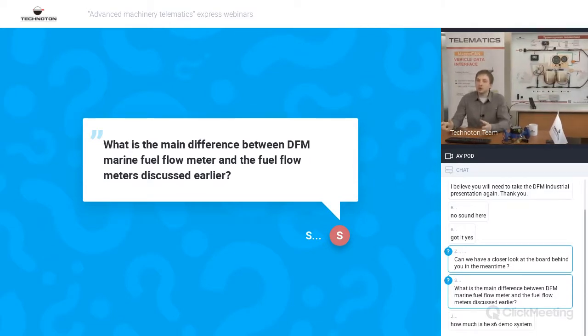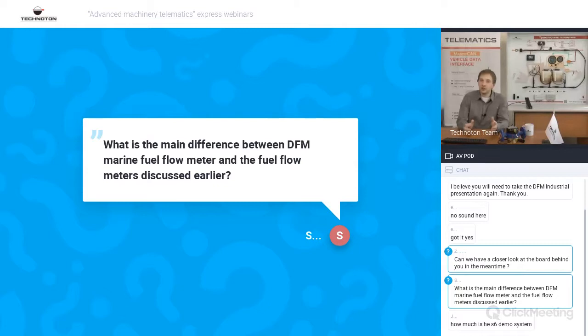That's a small vehicle engine, a small diesel generator engine, where the maximum flow rate can be 600 liters an hour. With DFM Marine and DFM Industrial, we expand the applications where we can use the flow meter, where we can measure fuel consumption, where we can detect more than 20 other parameters.